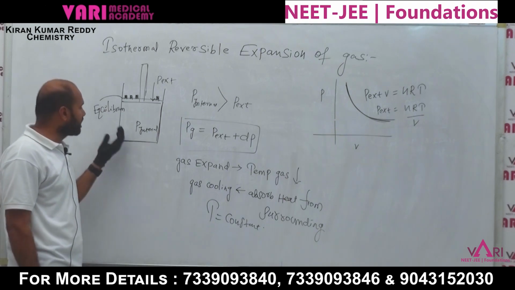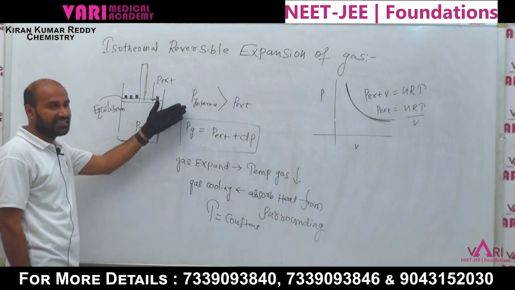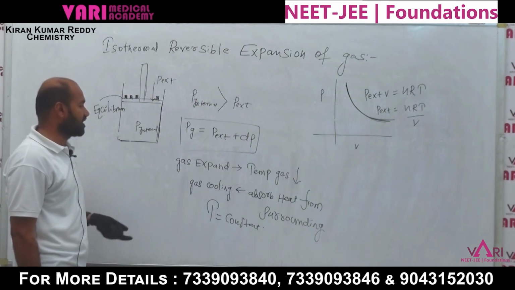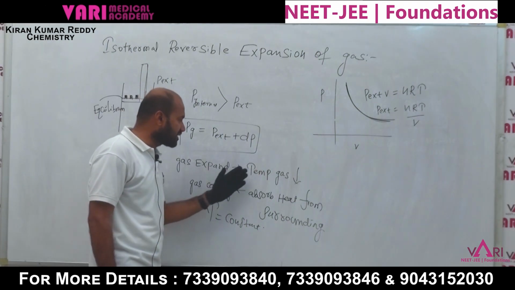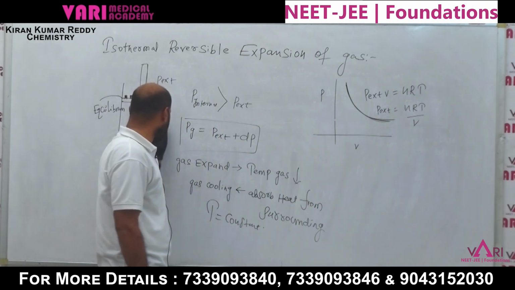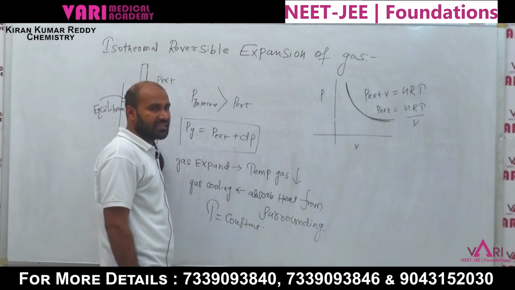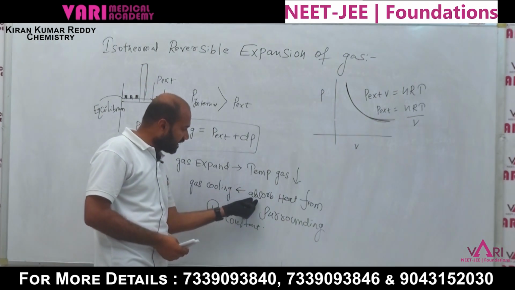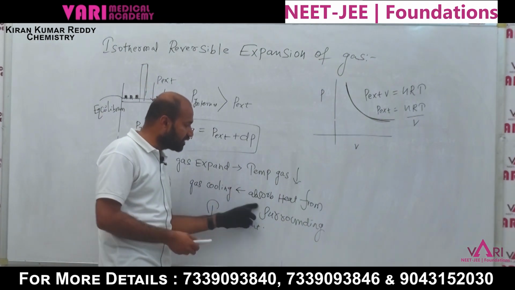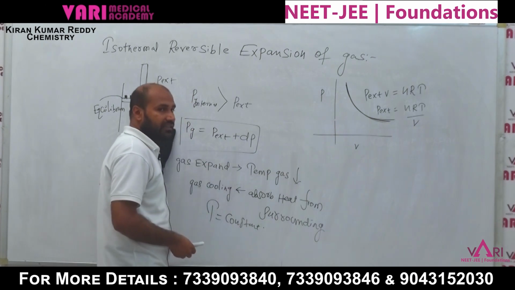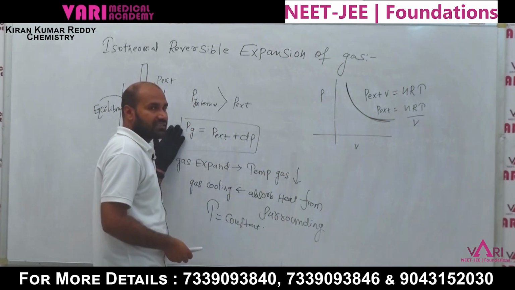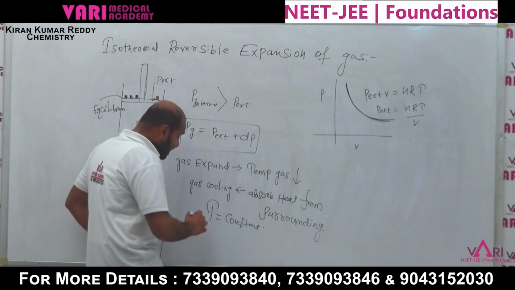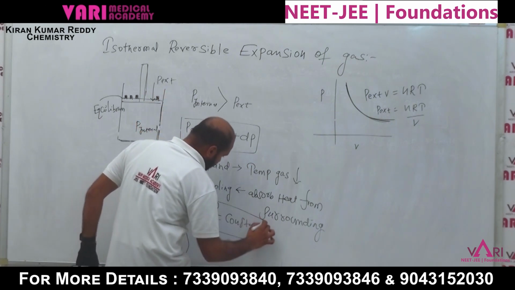Initially equilibrium; after that, when P internal of the gas increases, the gas expands. When the gas expands, the temperature of the gas somewhat decreases, which means gas cooling. Then heat is absorbed from the surroundings. This is the system, this is the outside surroundings, it is absorbing heat, but the temperature of the system is constant.